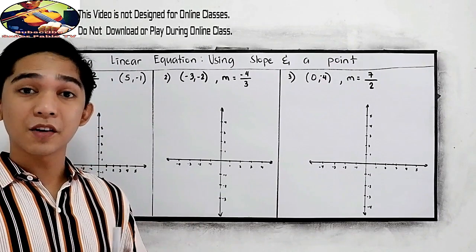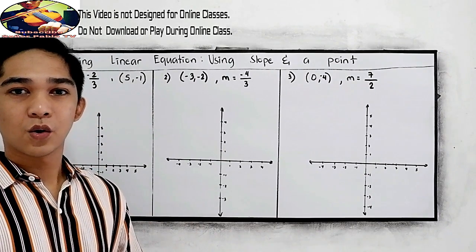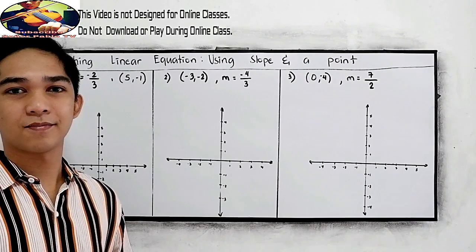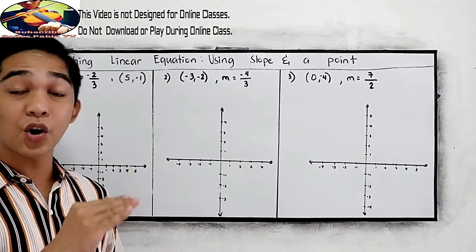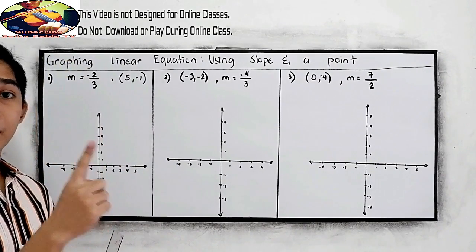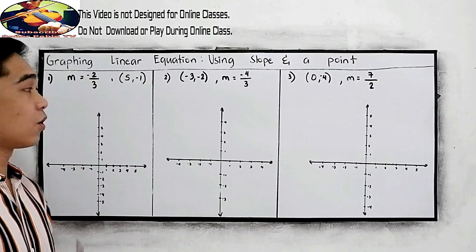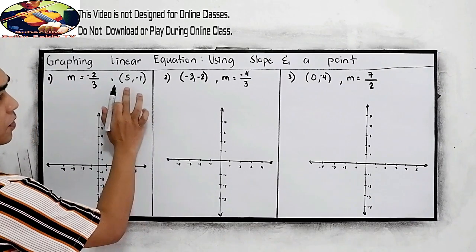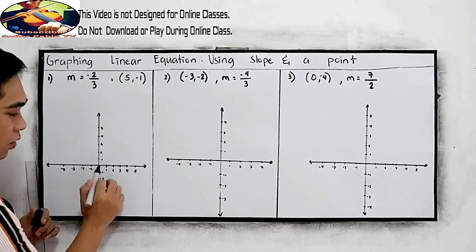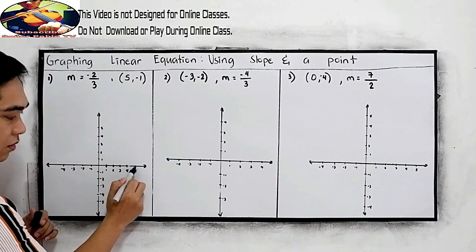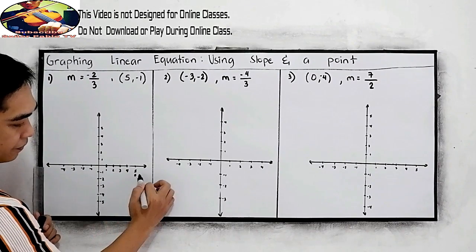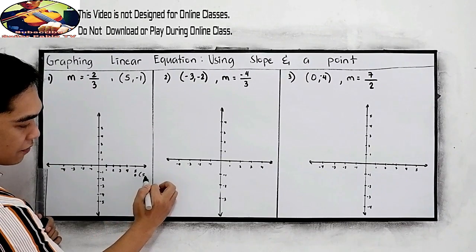Since the slope is given, you need to recall your rise over run, the vertical change over the horizontal change. First step, locate the given point. The given point is 5, -1. So our point is located here.